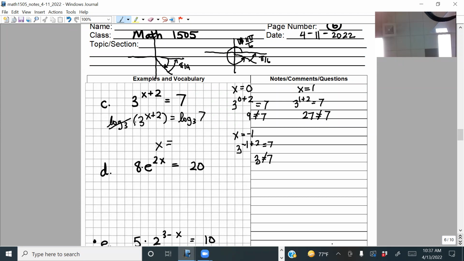These things are inverses, so they cancel each other. That's the purpose of having log functions, okay, is as inverses of exponential functions. They have other purposes as well, but that's one of the purposes. So guess what you get on the left-hand side here? Just x plus 2, that's right, is equal to log base 3 of 7.